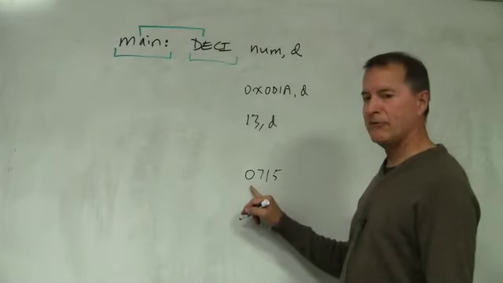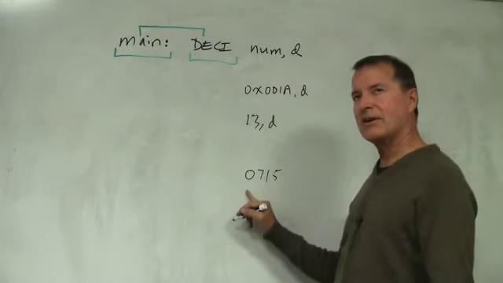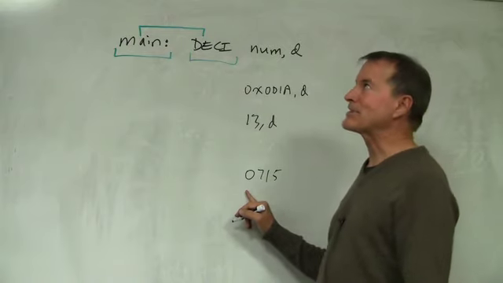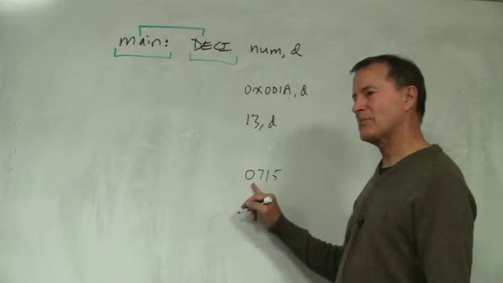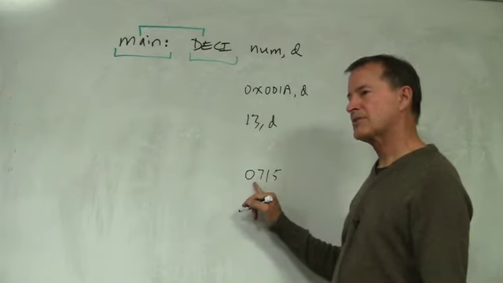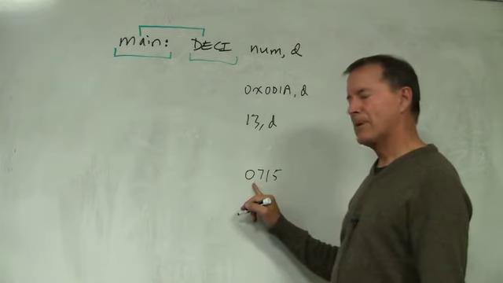So frequently in many languages, now I didn't look this up, I'm not sure if it'll do this in C++, if you start with a leading 0, some languages interpret that as octal. Now I don't remember.